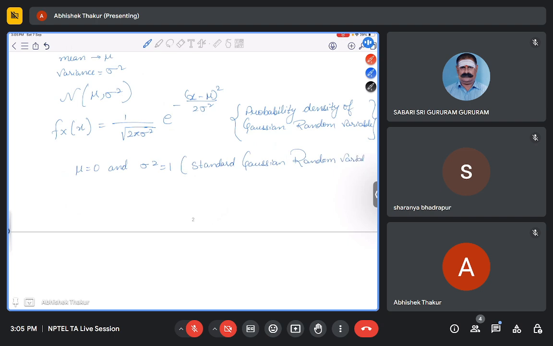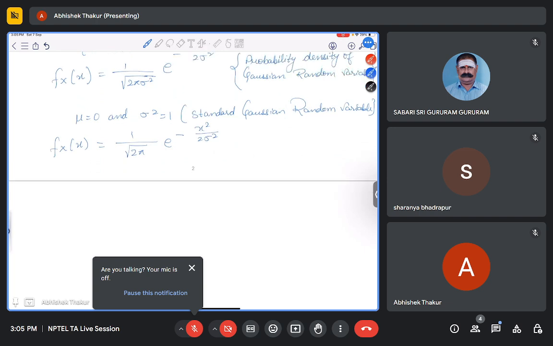Mostly we will use this in this lecture series. So now the probability density function will become 1 by square root of 2 pi e to the power of minus x squared by 2.